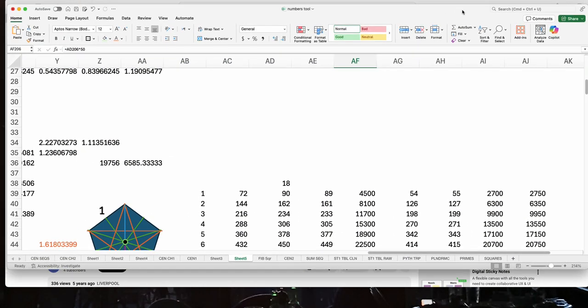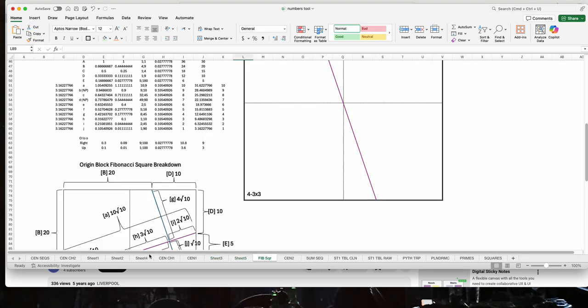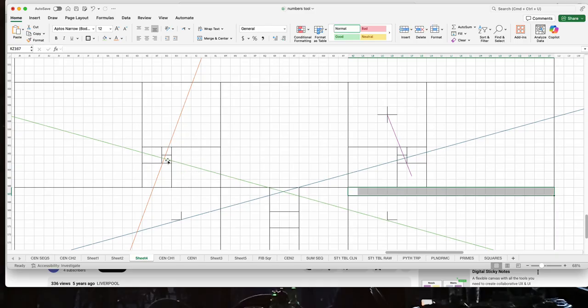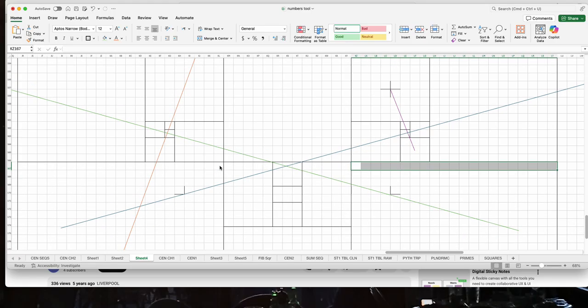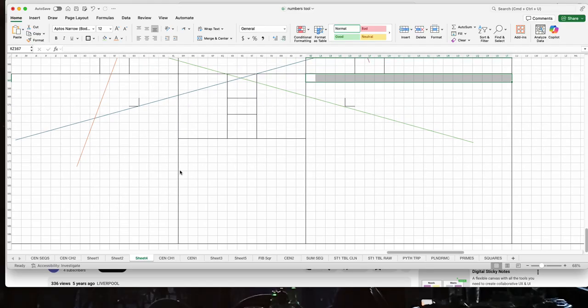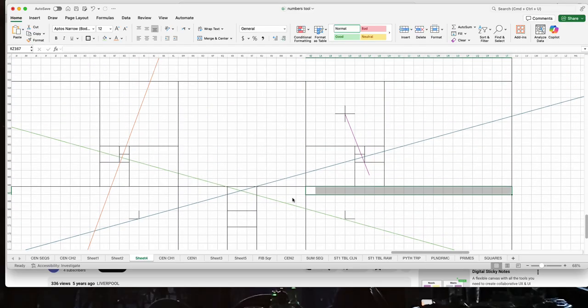And then over here, I'm trying to think where I found this. So this is the squares, but on sheet 4. I did the same thing just to see, because I tried to spiral it out and then spiral it back in. It's hard to get these squares exactly square, because then it ends up looking all weird like this. But basically you spiral out and you get to a point where you want to spiral it back in.